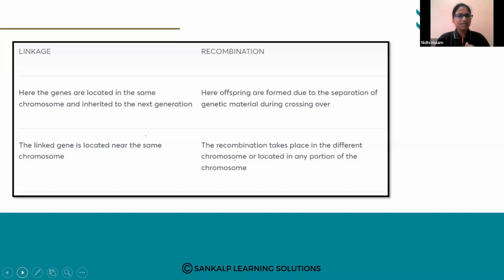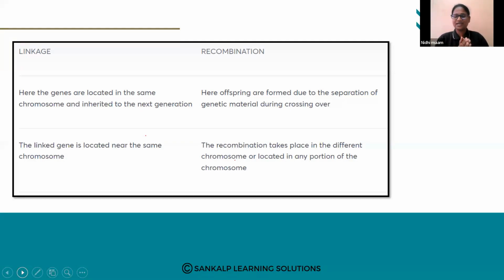Okay. Next, the linked genes are located near each other on the same chromosome. The genes that are linked, we can find them in the same chromosome. Next, the recombination takes place between different chromosomes. In recombination, as I said, there will be exchange of genetic material between the father's and mother's chromosomes.